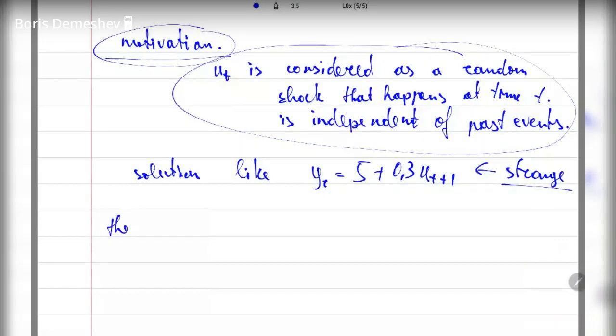And so that's why in many cases we are searching not for stationary solutions, but for the next theorem. So that's a motivation for the next theorem.